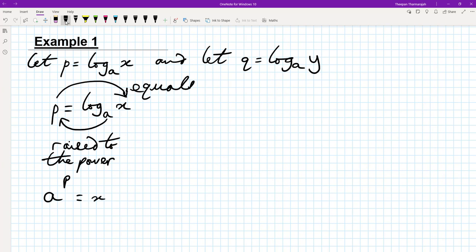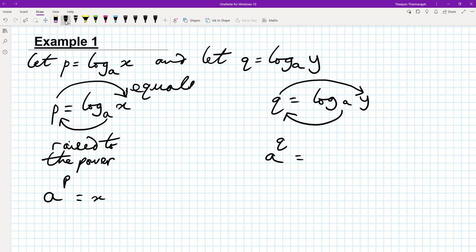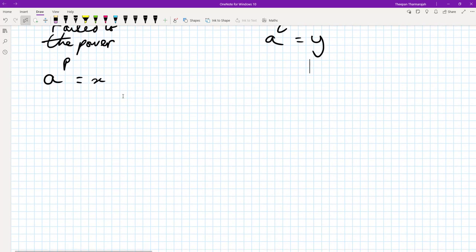So now we do the same thing here: A raised to the power of Q equals Y. Now that we have it in exponent form, we can ask, what's X times Y?